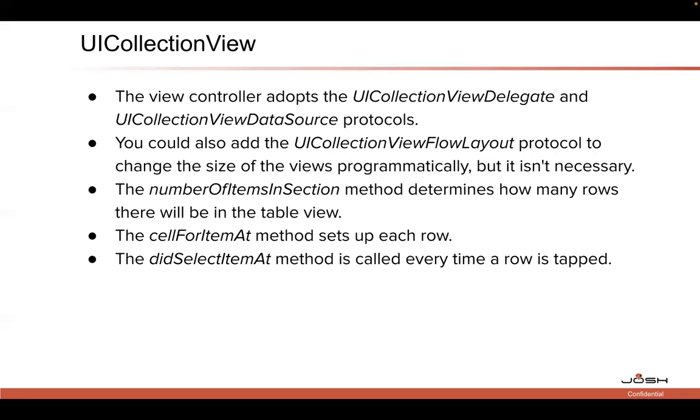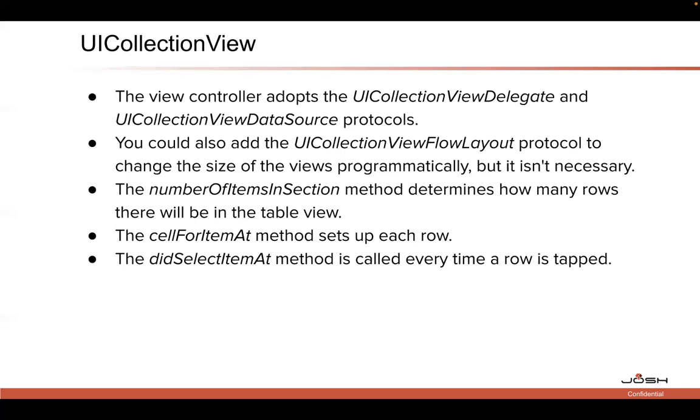That's because table view has only one column, that's why it has a row. But here we don't refer to it as a row or particular element, it is an item of that particular grid. And same for the selection part, I mean tap of that particular cell, we have did select item at, where that particular item is tapped.